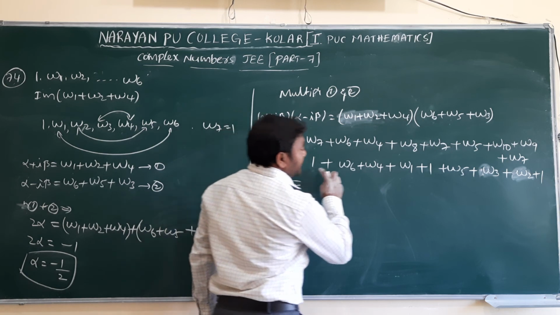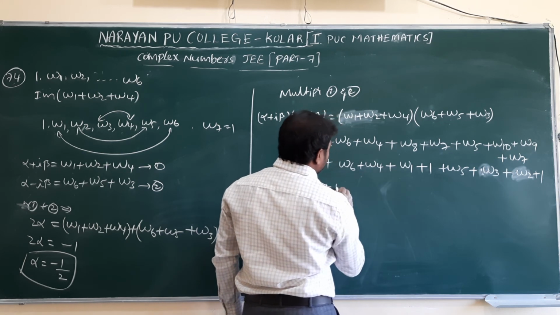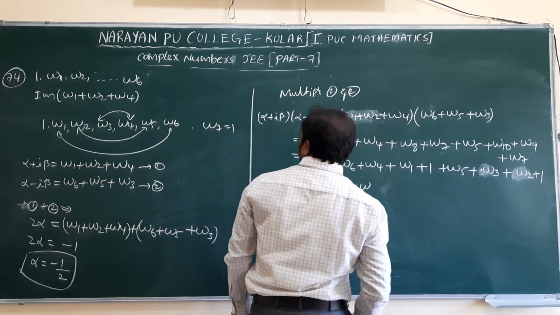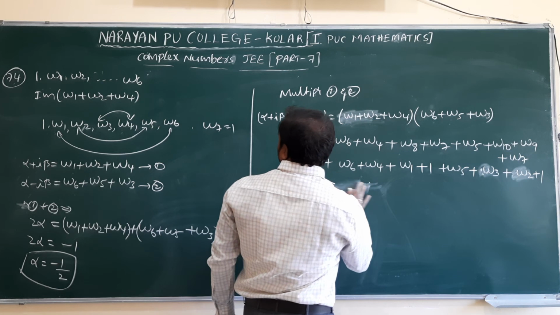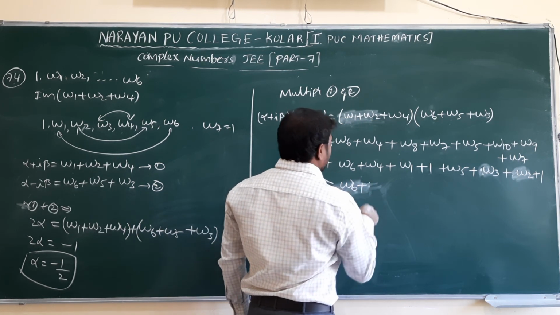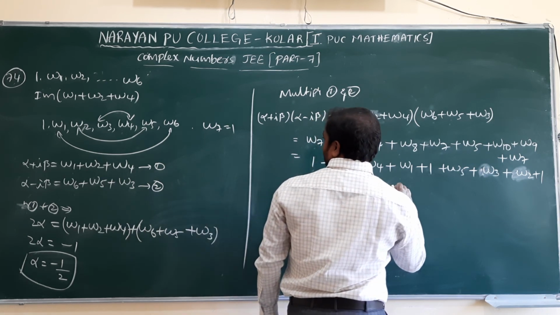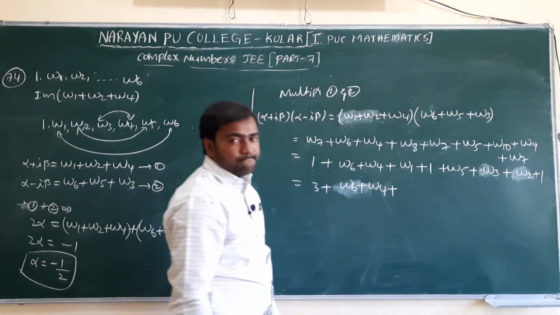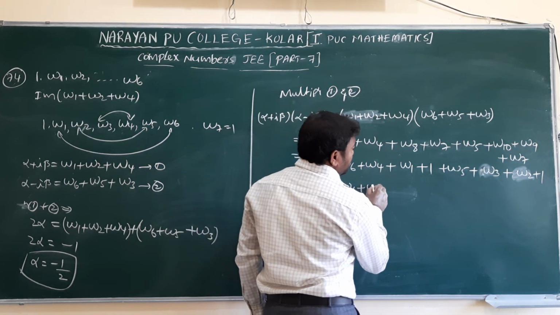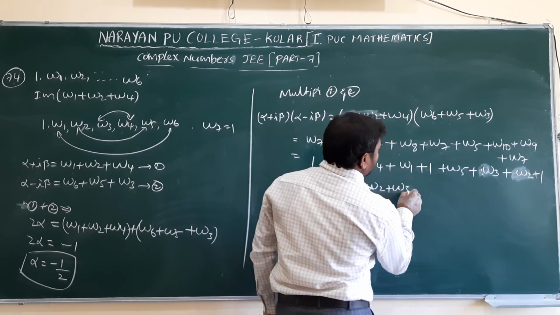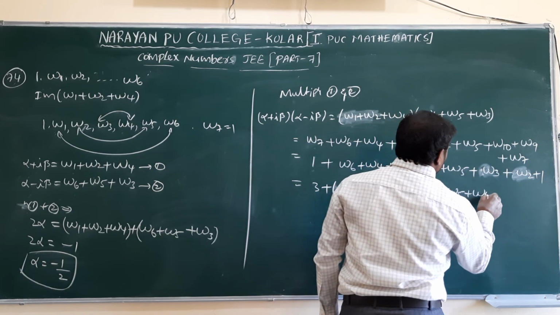Here 1 plus 1 plus 1, we are getting 3, plus the sum omega 1 plus omega 2 plus omega 3 plus omega 4 plus omega 5 plus omega 6.